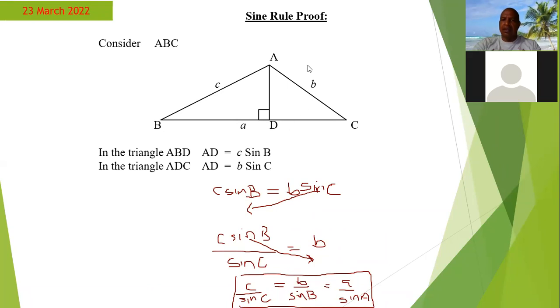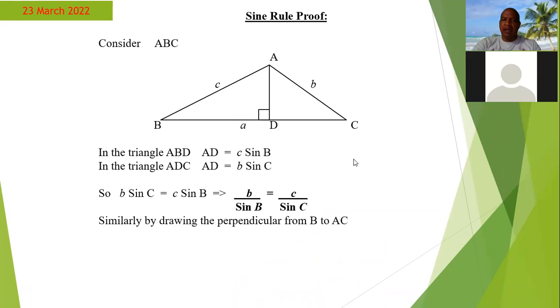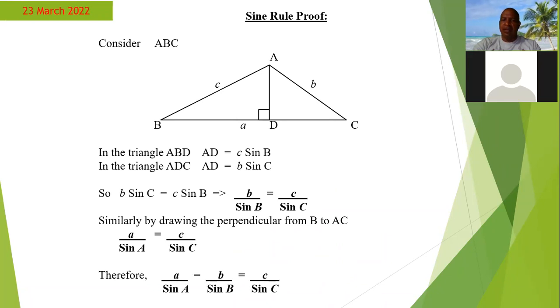In other words, this is our proof of the sine rule. And if we use another triangle, we could get that to be the same. And so we form the equations.